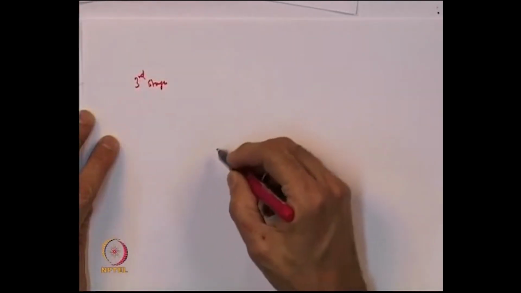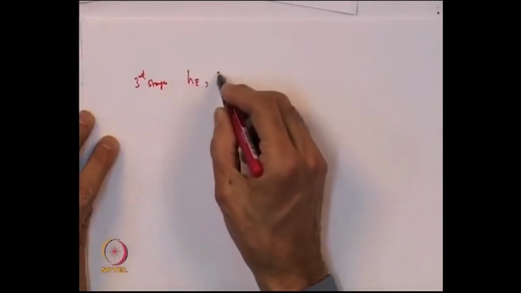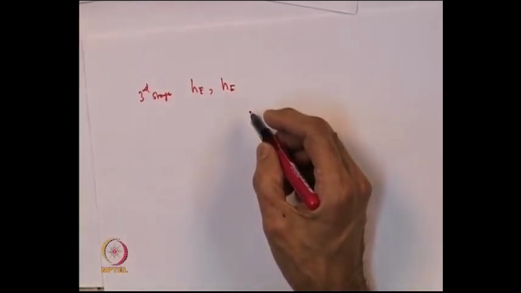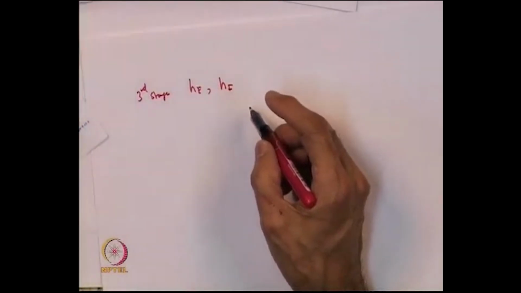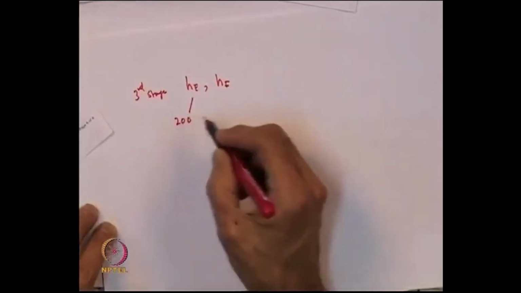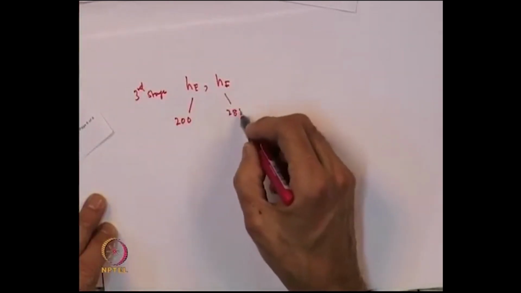You have the enthalpy at E and the enthalpy at F known. We have already read those values. The enthalpy at E we have seen is 200, and the enthalpy at F is 285.